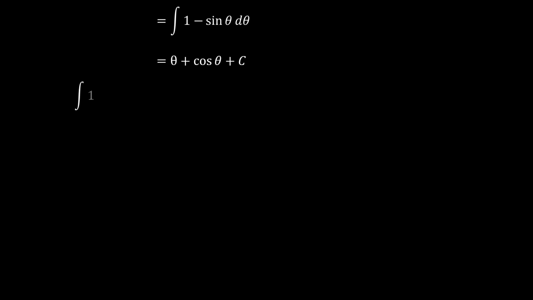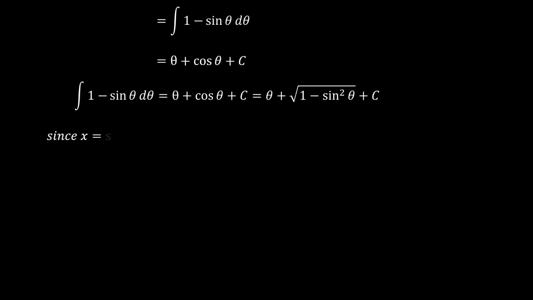Now, since we know that cosine theta is the square root of 1 minus sine squared theta, but also x was said to be sine theta, it means that in place of theta here, we're going to have arcsine x, right? And in place of the square root of 1 minus sine squared theta, we're going to have the square root of 1 minus x squared.